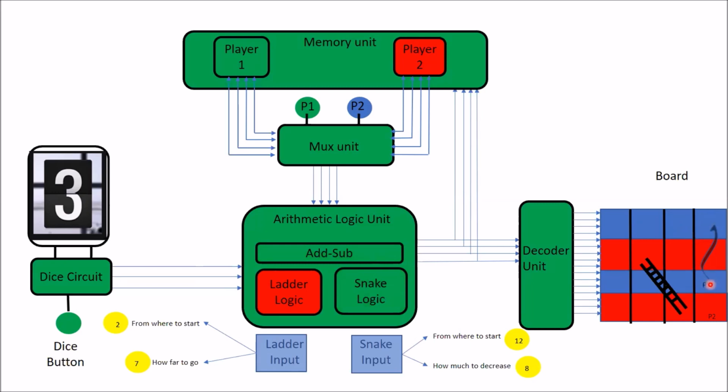Again I'm showing you, once I go to that position when I get 3, from that particular position the snake logic will actuate, as well as the adder subtractor logic, and they will decrease this. So player 1 is like this way. That is my whole concept. Now you can design a programmable snake ladder game.